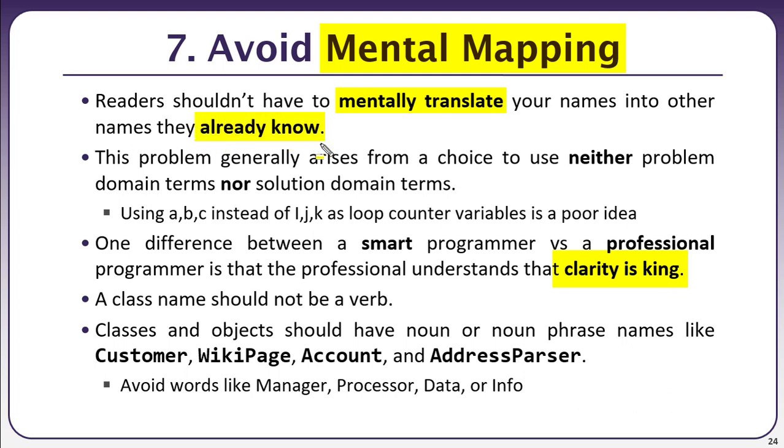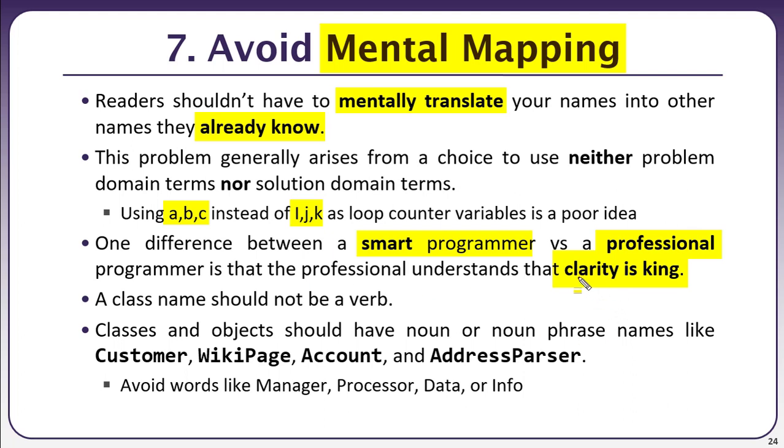For example, we are creating a loop variable, and generally we know that loop variables are like I, J and K if we are working in a nested loop. So you should always be using I, J and K. The poor approach would be that instead of using I, J and K, you use variables like A, B and C. In that case, I really have to mentally map that A corresponds to I, B corresponds to J and C corresponds to K. They say that one basic difference between a smart programmer and a professional programmer is that the professional programmer understands that clarity is king.